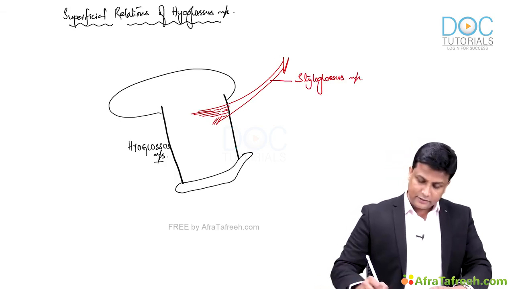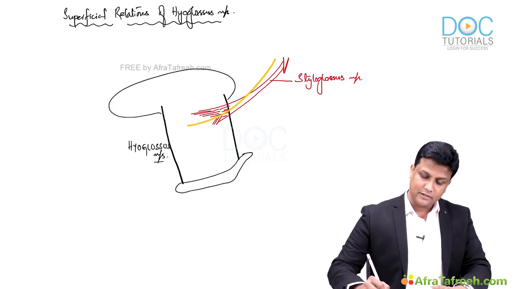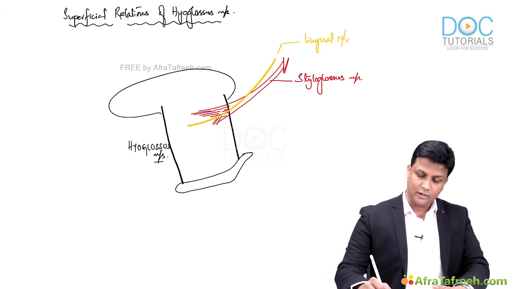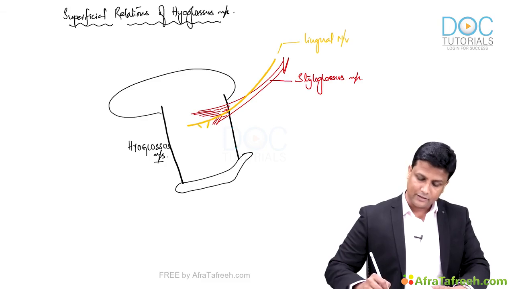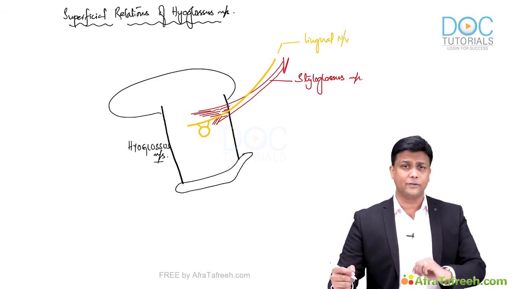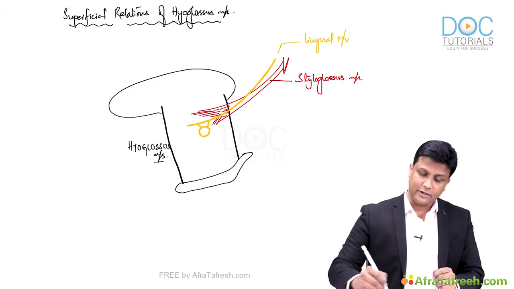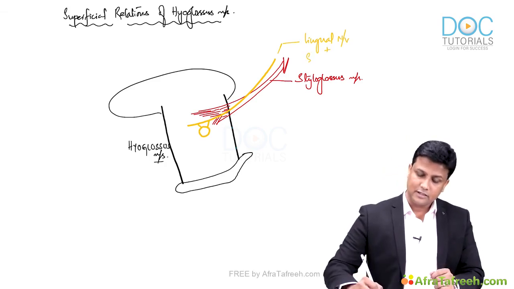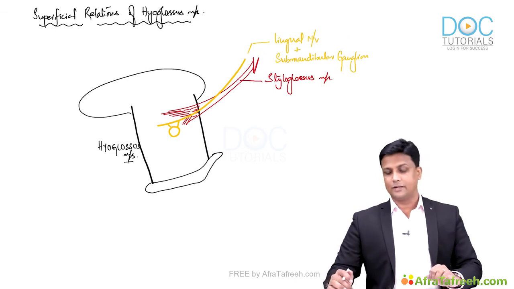Then there is a nerve, that nerve will be the lingual nerve, guys. And the lingual nerve is passing through a ganglion here, and that ganglion will be the submandibular ganglion, that is also present superficial to this muscle. So let me write it here: lingual nerve along with the submandibular ganglion.